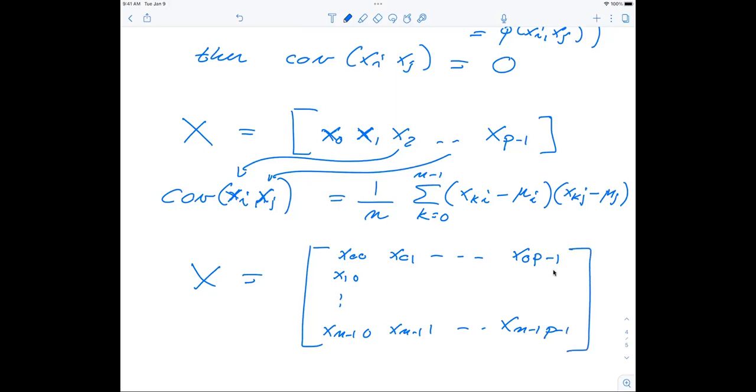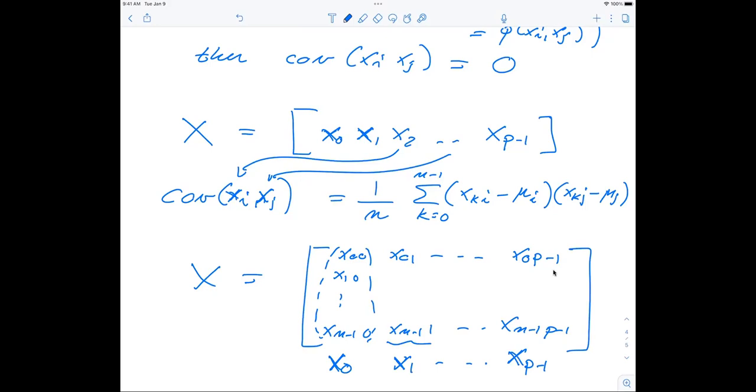So in each case here, this would just be the vector x0, and this is obviously the vector x1, etc. It takes always some time to readjust your mind between vectors and matrices and then specific elements of a matrix.